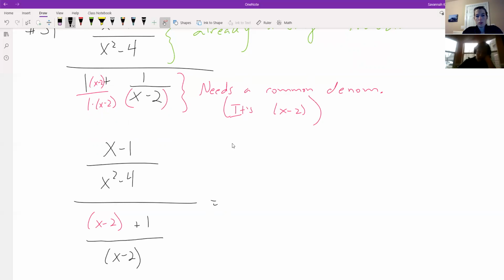So I'm almost, but not quite, at the stage where I can invert and multiply. So x minus 2 plus 1, really the parentheses there at some point become unnecessary because I'm no longer multiplying anything. So if I just think of that as x minus 2 plus 1, that's just going to reduce to x minus 1.